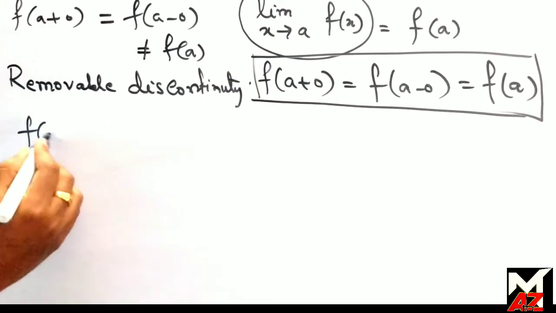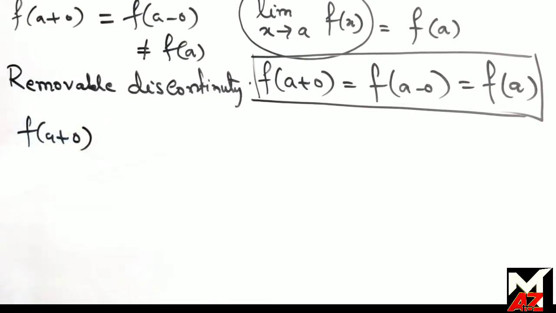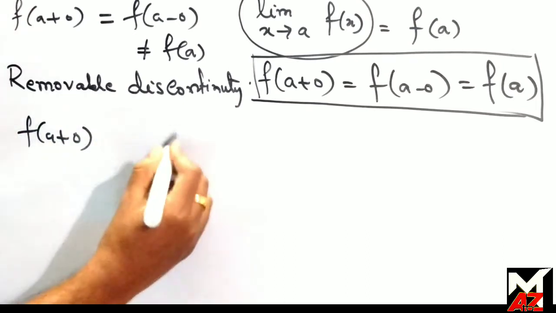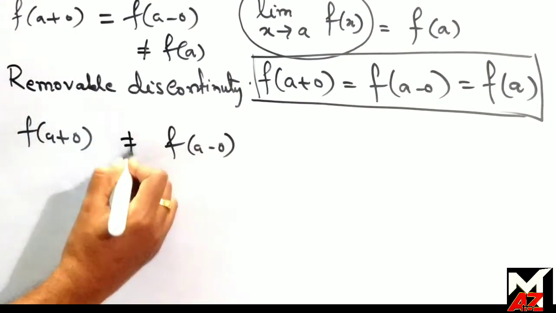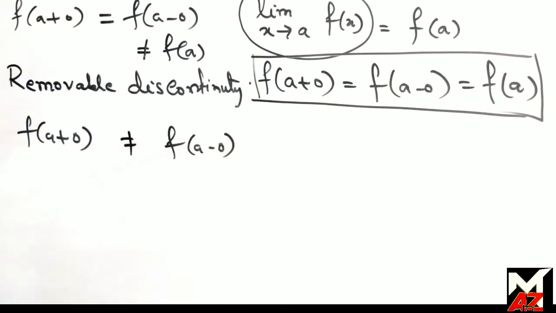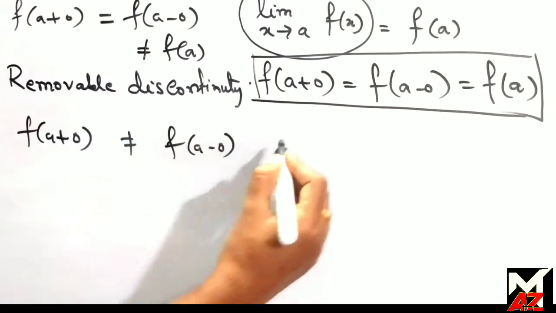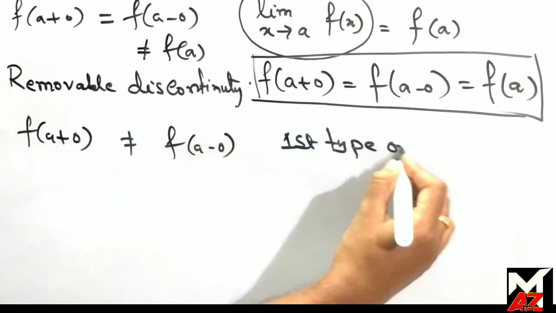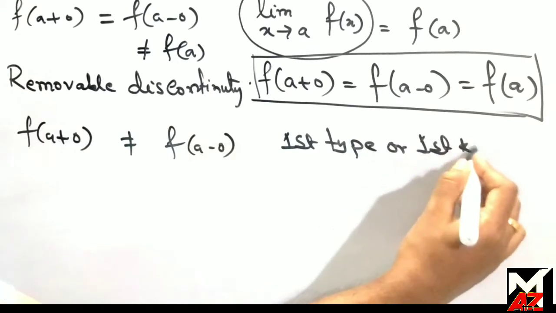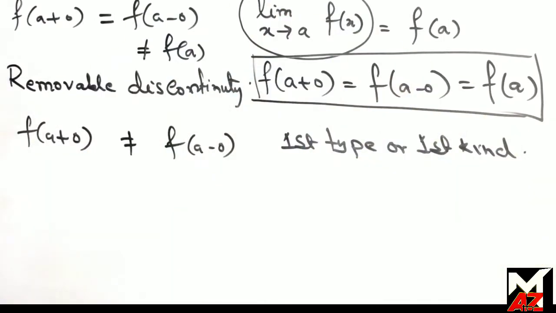Now if f(a+0), the right hand limit, and f(a-0), the left hand limit, both exist but these are not equal, then this type of discontinuity is called first type or first kind discontinuity.